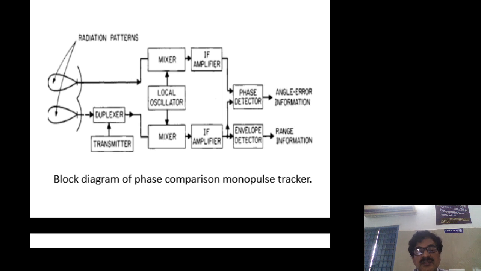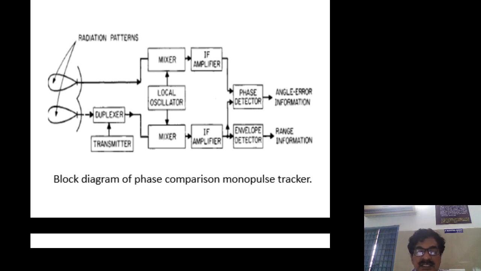So far we have seen the different error generating techniques under angle tracking, like sequential lobing, conical scan, monopulse. In almost every case, whatever error signal is generated is proportional to the angle, that's why these techniques are treated under angle tracking.